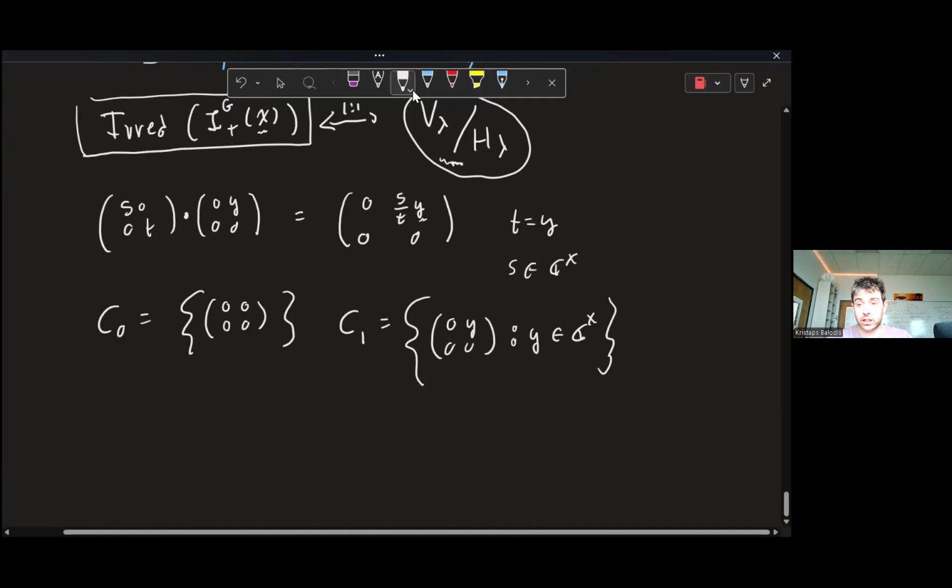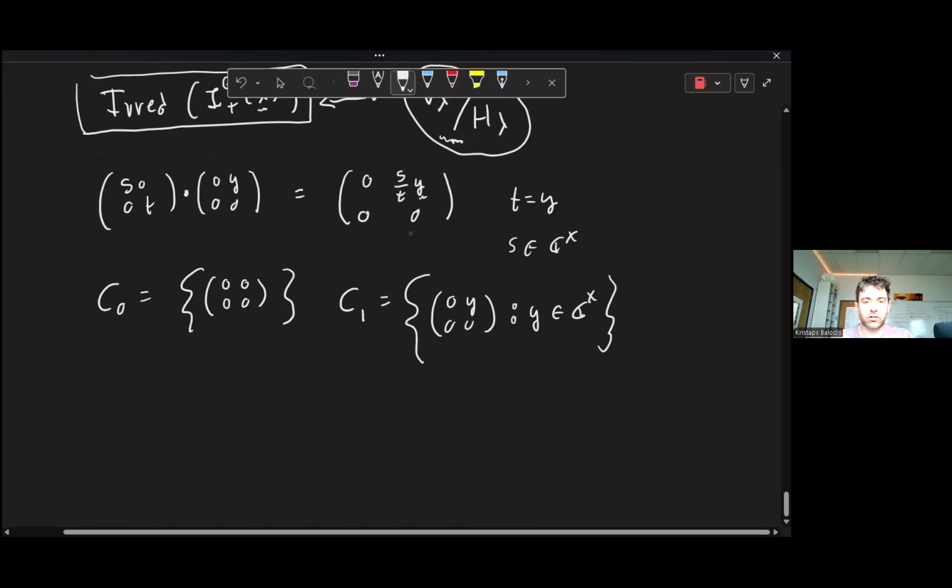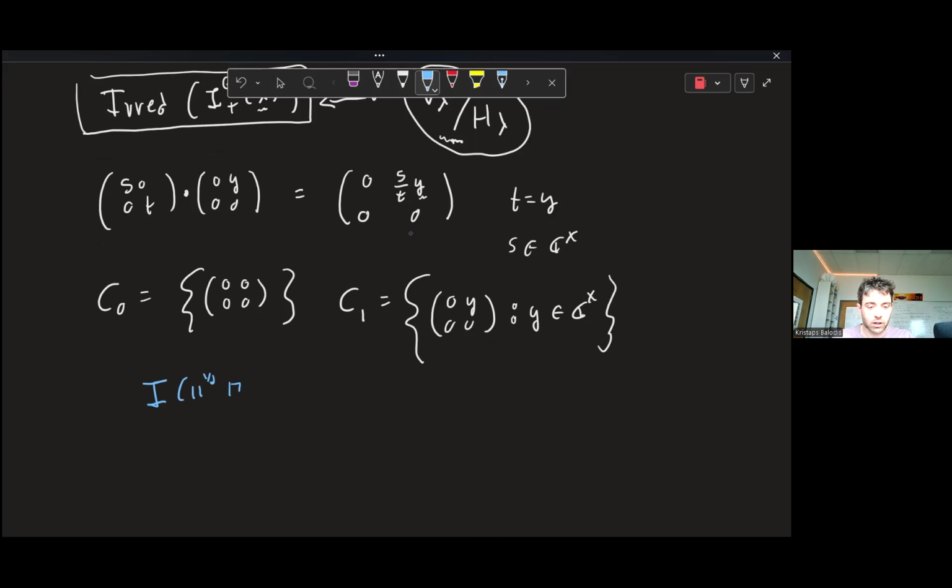So the prediction then of this geometric version of the local Langlands correspondence is that this induced representation of GL2 should have two irreducible representations in it, pi 0 and pi 1.